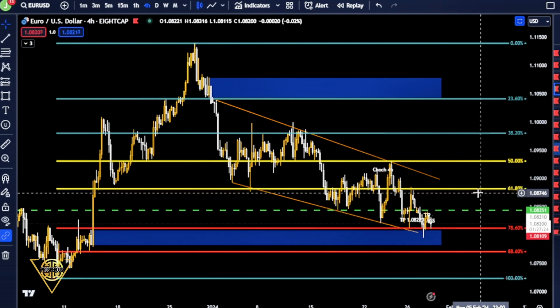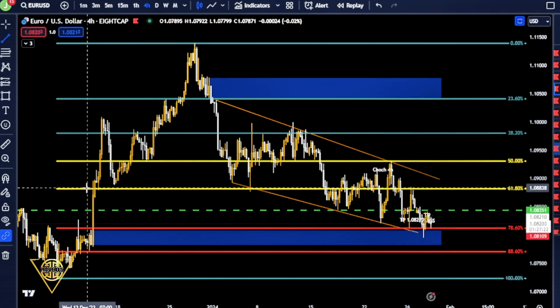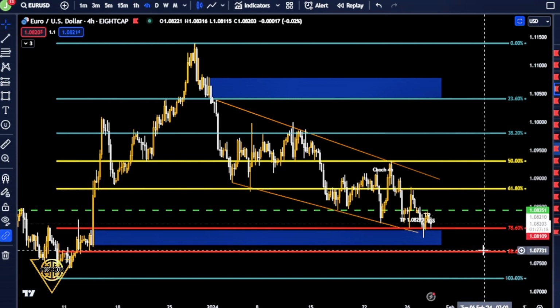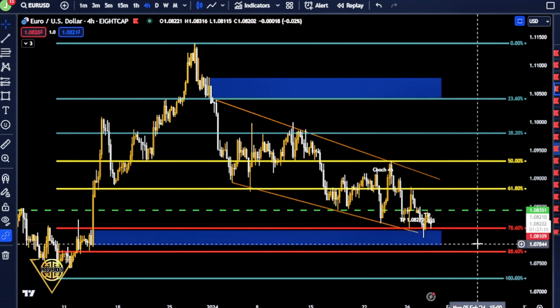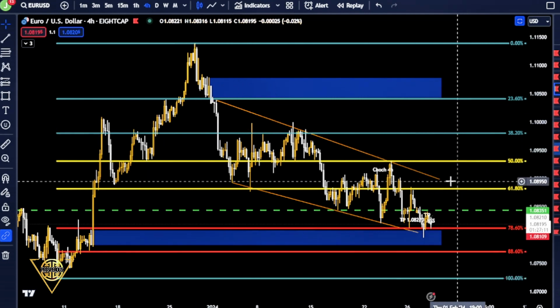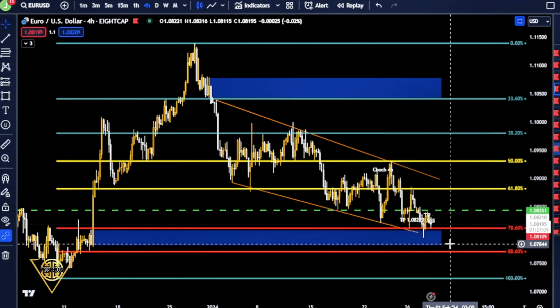And as you see, the 61.8 has worked perfectly as resistance here, and support. So we could easily tap into that one.